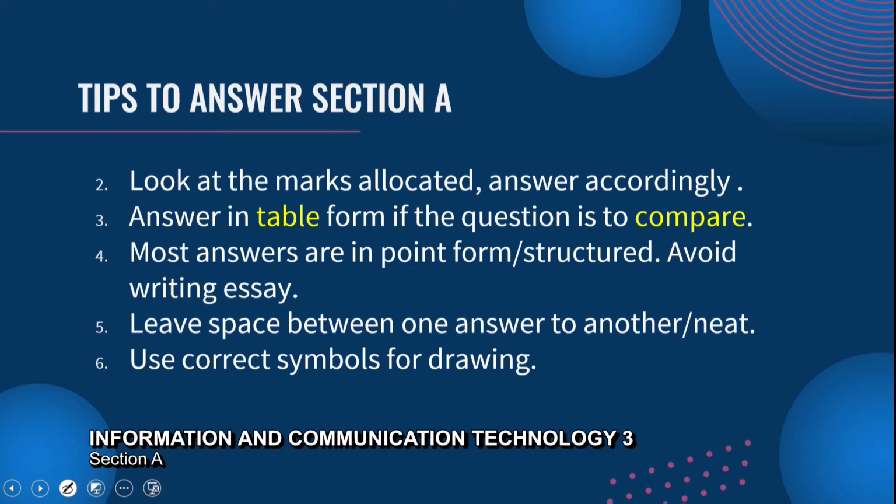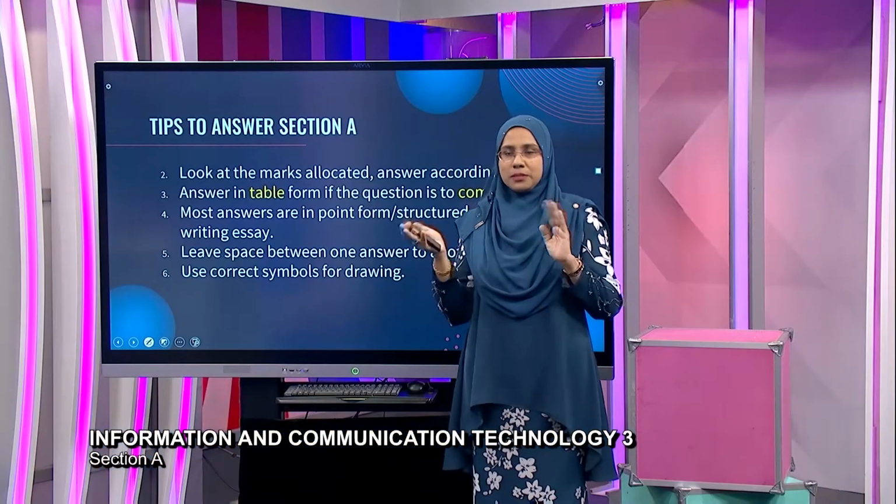We want to make sure your answer can be read and compared neatly and clearly by the examiner. If you write it in essay form, the examiner might miss your point, because it is messy and cannot be compared. So better to do it in table form, with a left column and a right column.